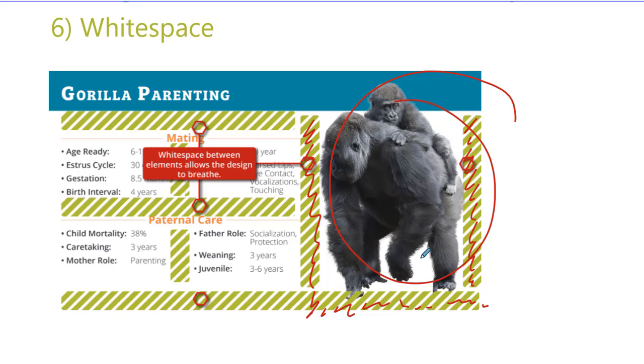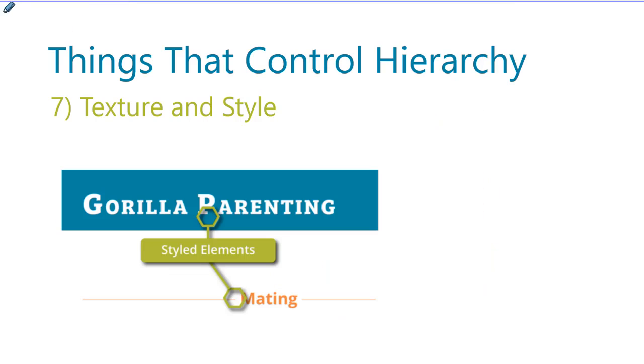So it's going to dominate more of the space. So this part is going to increase its hierarchy and make it more prominent. As opposed to, say, this element here, where the white space is a lot smaller between these things, right? So these things have lower hierarchy and prominence on the page.